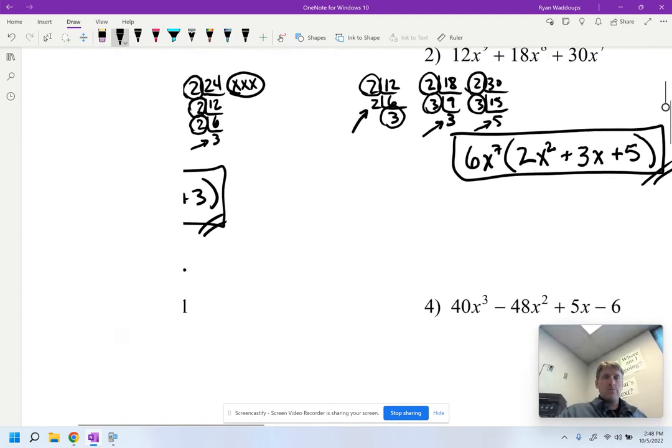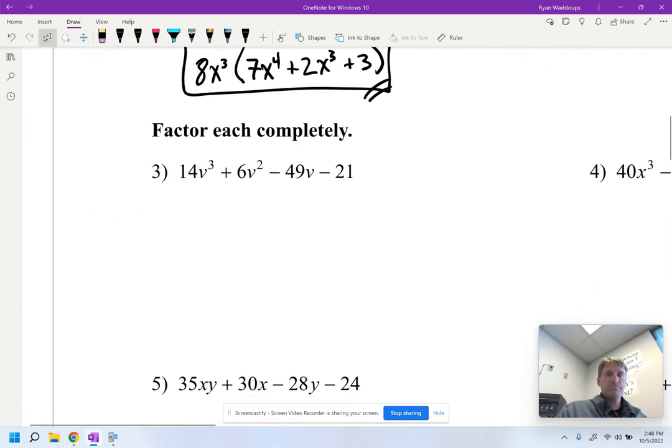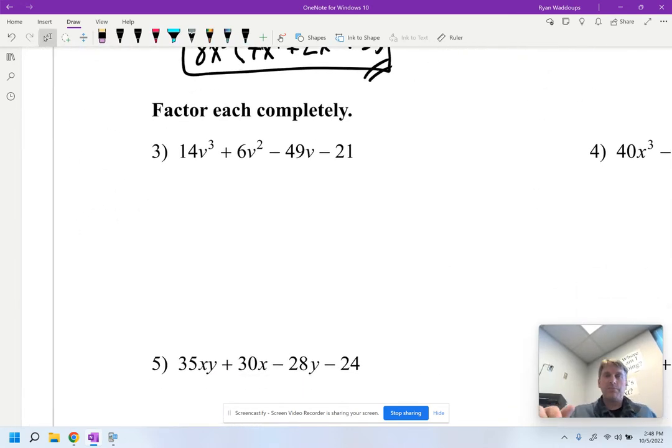All right, let's look at number 3. It says factor out each completely. So first thing I'm always going to check for is the GCF. I look at the smallest number, 6, and ask myself, can I divide the other numbers by 6? No. So I look at the next factor, 3, and I can't divide them all by 3.